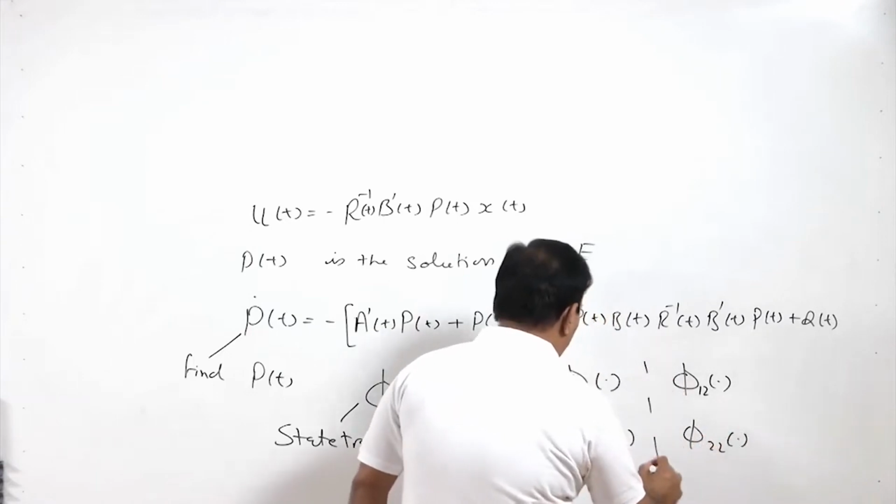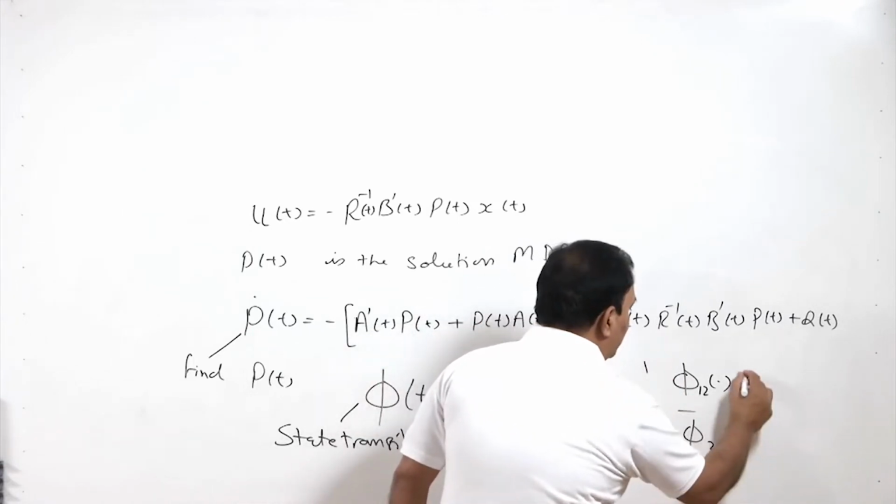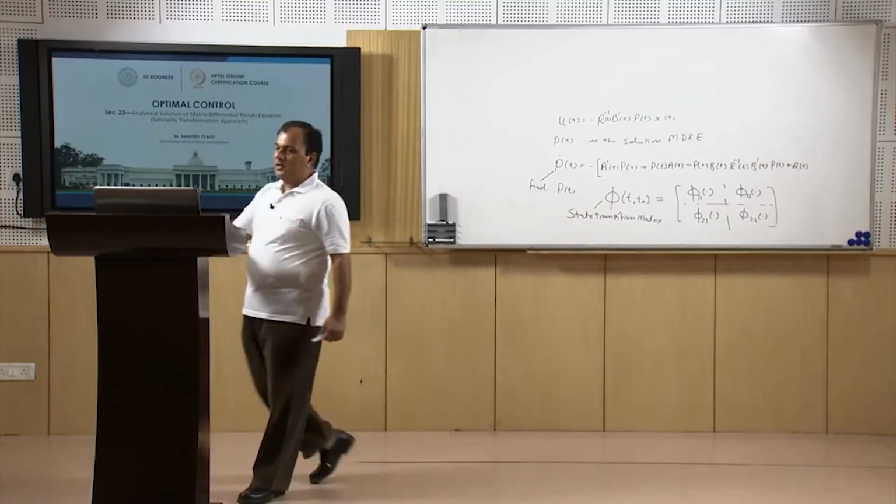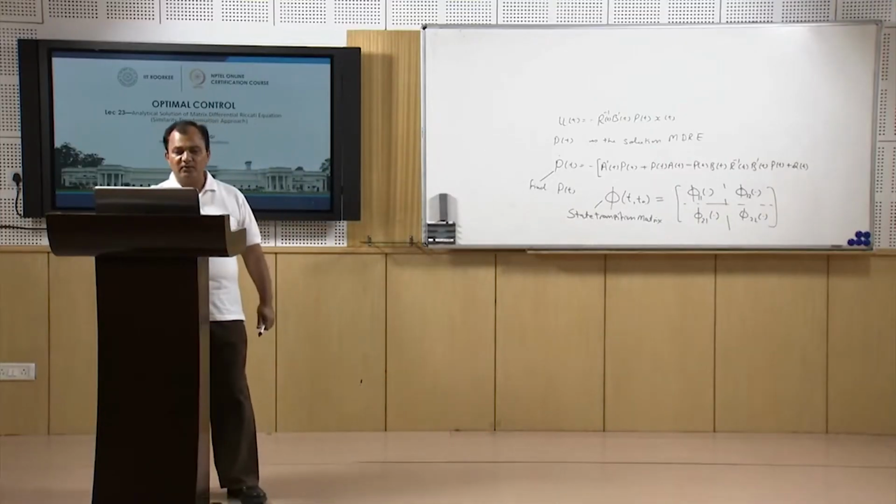If we partition this matrix in this form, then with the help of this we can find out P(t), which we have seen in the previous class.